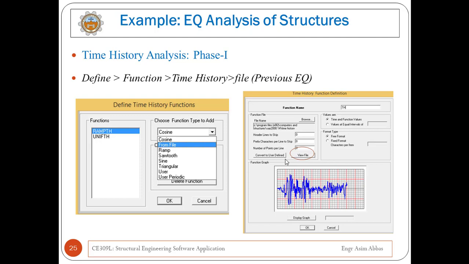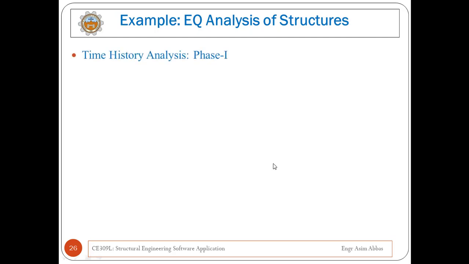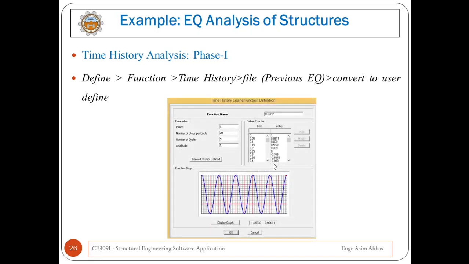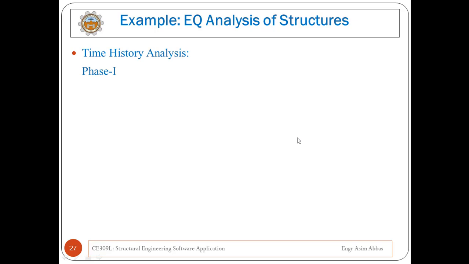For User Defined, you just click on User Defined. This window will appear. In this window you can enter your time and values. When you enter your time and value, click on Add. Similarly you can add multiple values in this window.